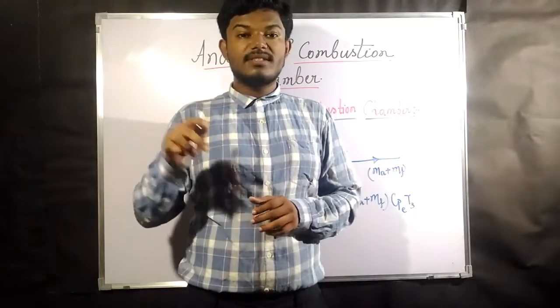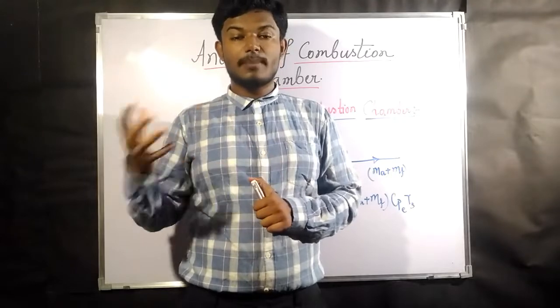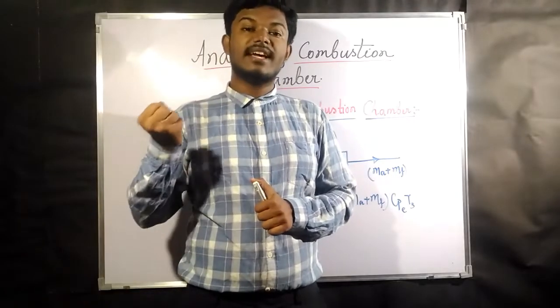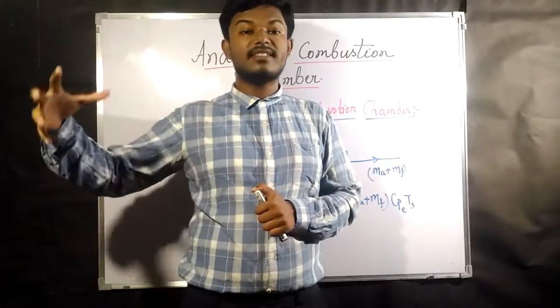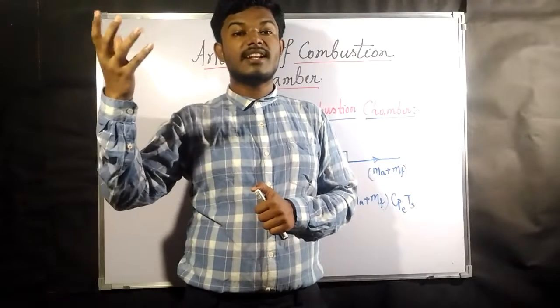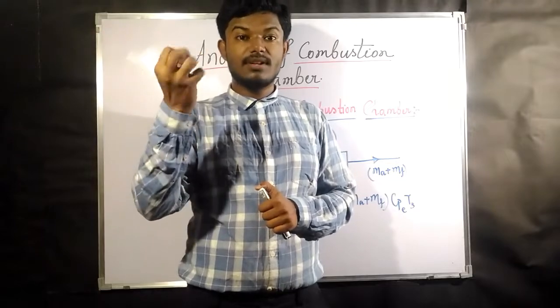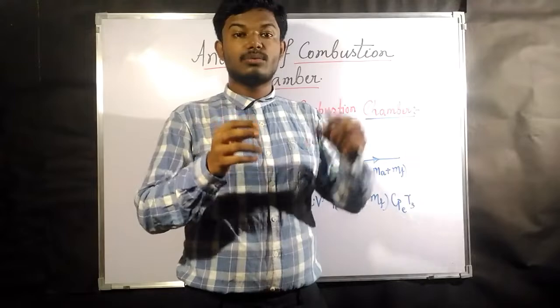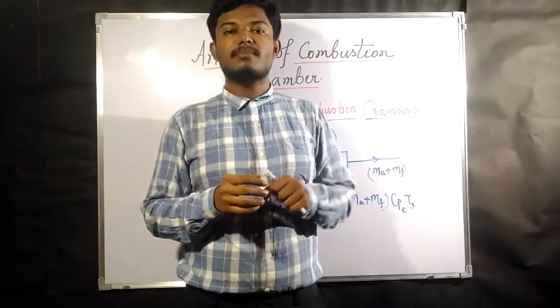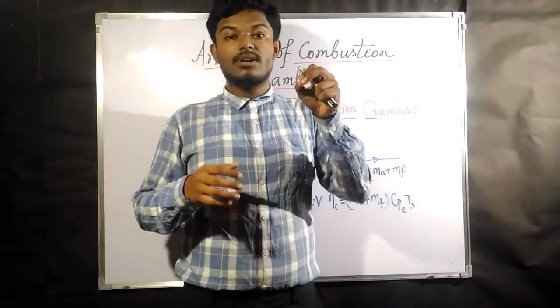Now in the open system Brayton cycle, what used to happen? The compressor used to take the air from the atmosphere, and while it was compressing in the compressor, the temperature and pressure of that air were rising. While it was reaching the combustion chamber, we used to inject the fuel into it.